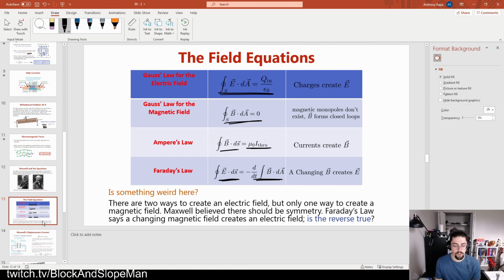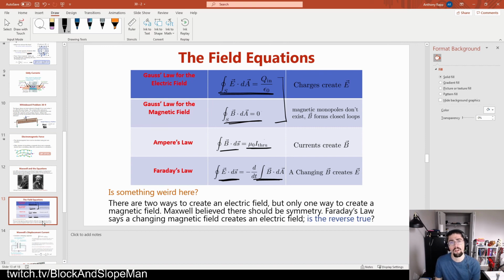But there's kind of an asymmetry between these equations. If I think about this, okay, no magnetic monopoles, whatever. But I've got two equations that describe what can make the fields. I've got a creation of electric fields from magnetic fields, but can I make magnetic fields from electric fields?